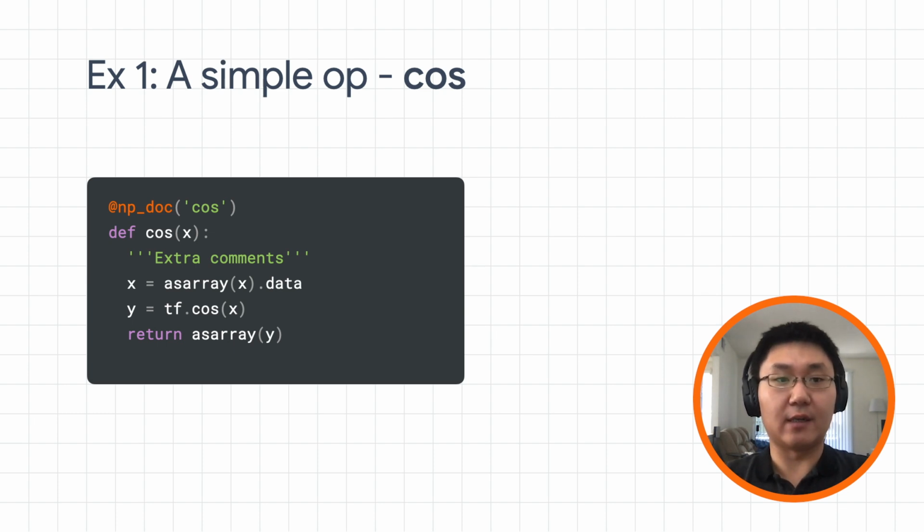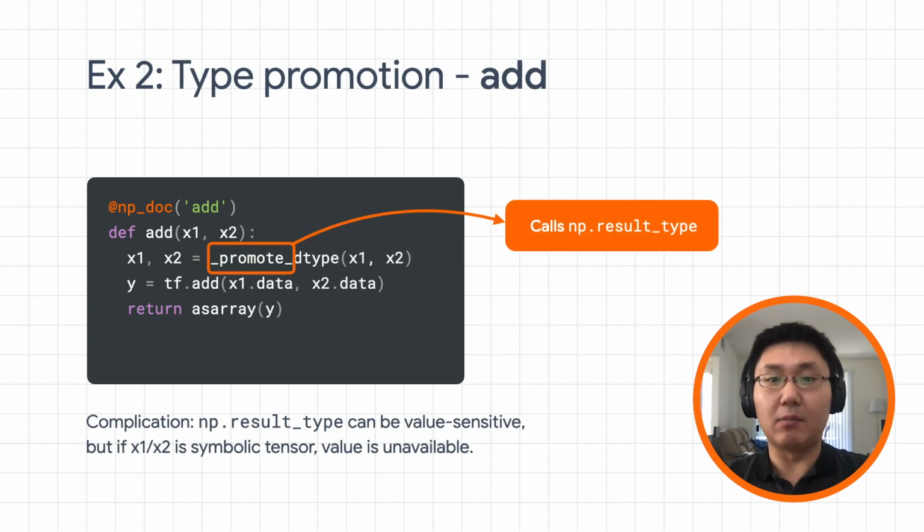That's our first example. Our second example is a little bit more complicated. The only complication is that now we have more than one argument. And as Ashish mentioned before, unlike TF, in TF NumPy, we support dtype promotion.